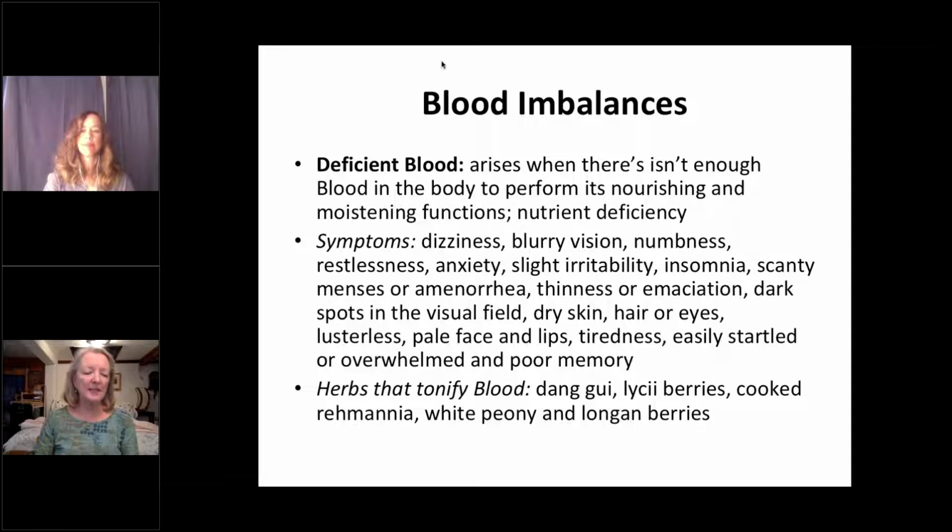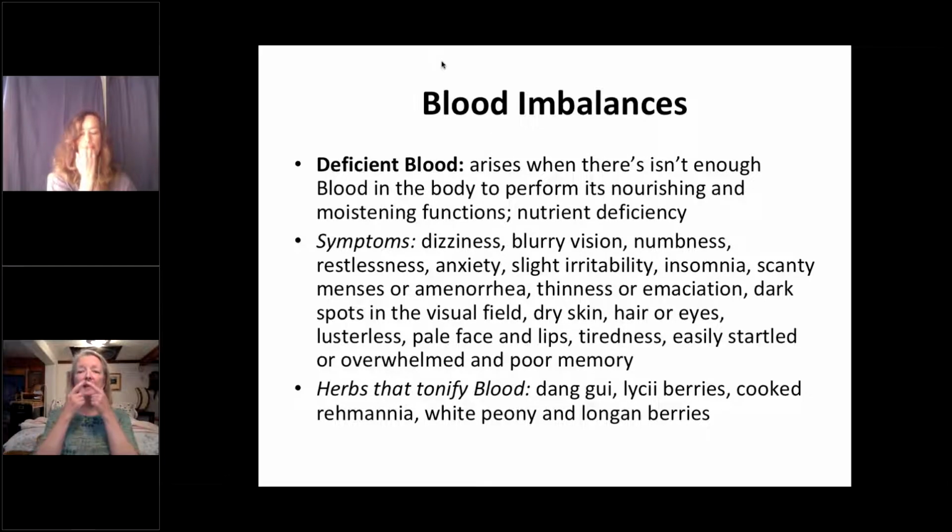And this type of insomnia is somebody who wakes up and they have a very hard time going back to sleep. They fall asleep okay, they wake up and they have a very hard time falling asleep. That's deficient blood insomnia. There are other types. Scanty menses or amenorrhea, no menstruation at all. Dry skin, hair, and eyes.